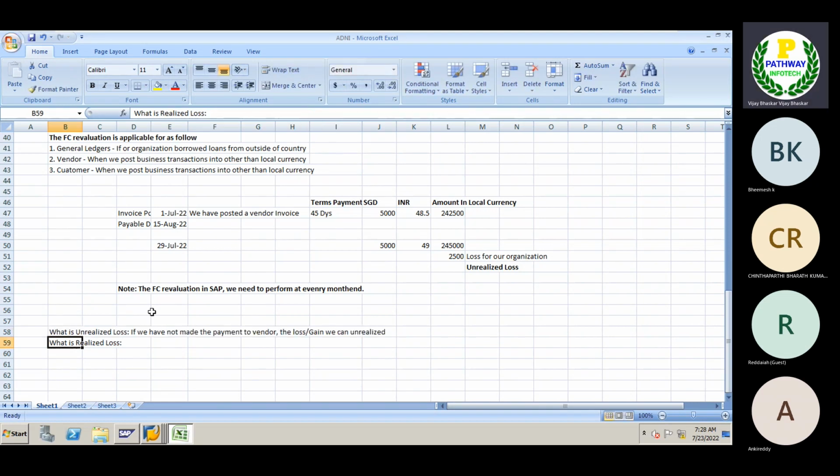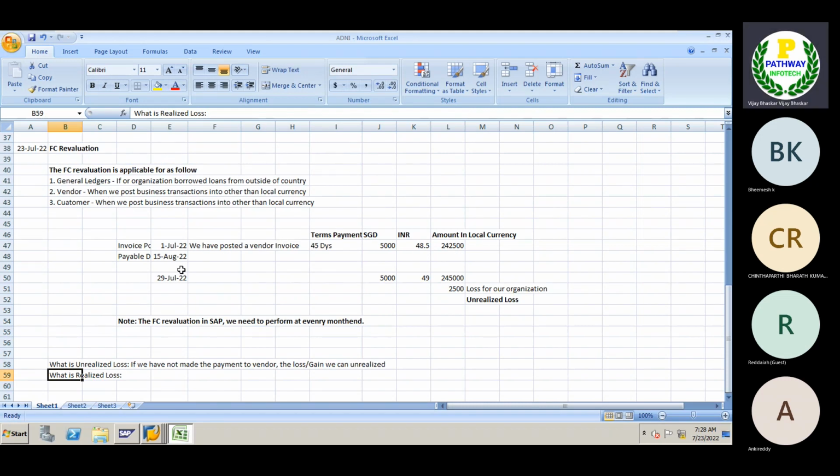See, the meaning here is that when the invoice is posted on 1st of July, then the due date is 15th of August, means the 15th of next month.